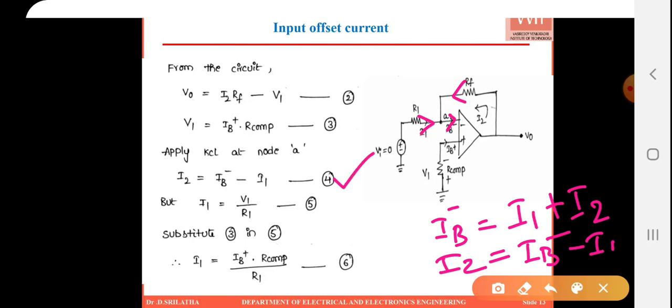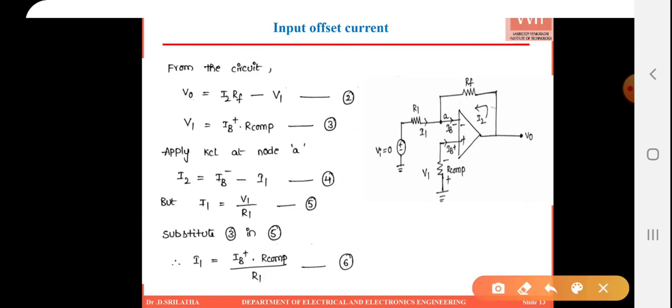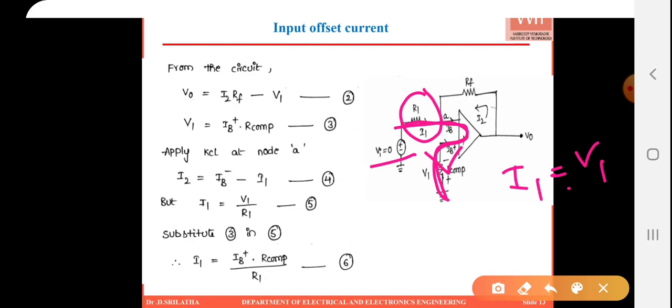Now after that, what is I1 here? Here we are not applying any voltage, but I1 is the current flowing through this branch, and this branch is directly connected to V1. So we can write I1 is equal to V1 by R1, the voltage across that branch divided by R1.